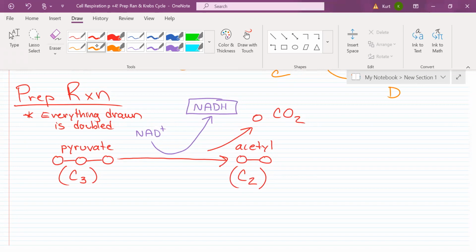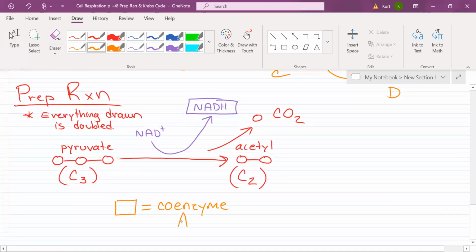Now, lurking over here is a coenzyme. We're going to call this coenzyme A. You can call it CoA for short. It is going to bond with this acetyl group to form something called acetyl coenzyme A.